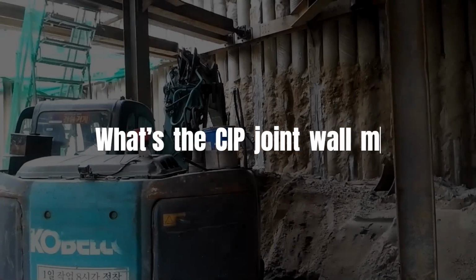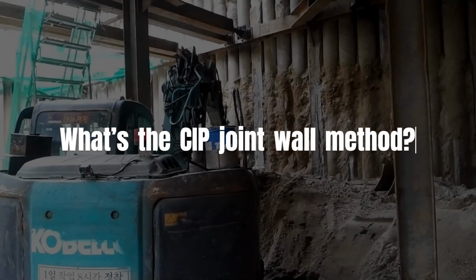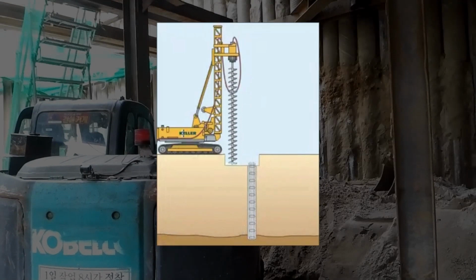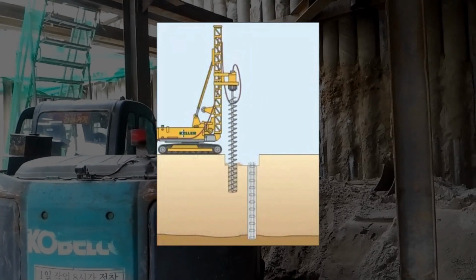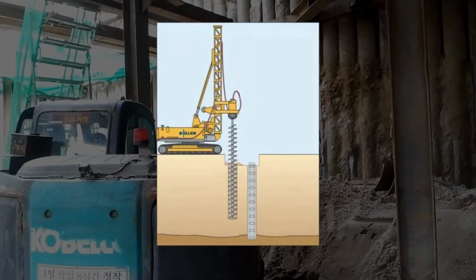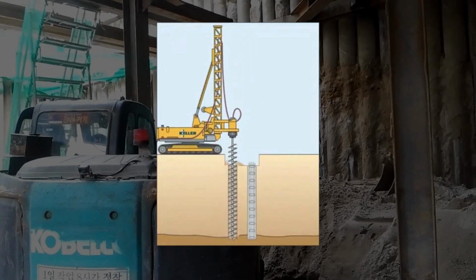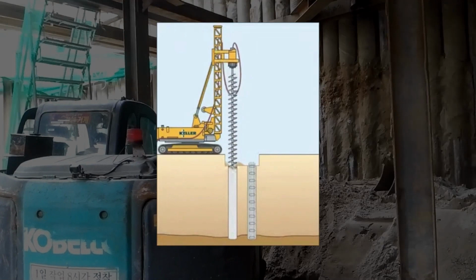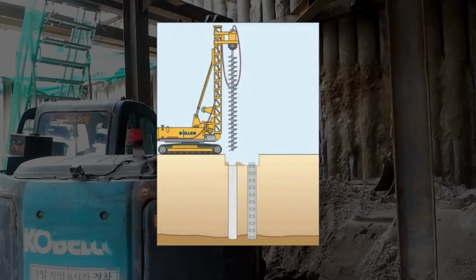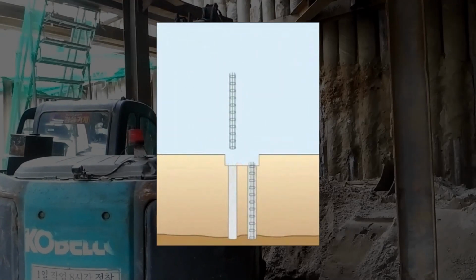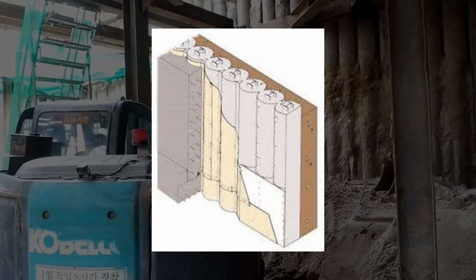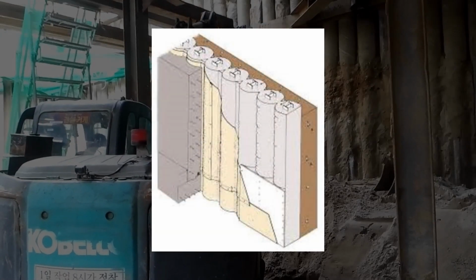So, what's the CIP joint wall method? The CIP joint wall method is a method of drilling with an earth drill and earth auger to a predetermined depth, pouring mortar or concrete into the hole, and then inserting a steel frame or reinforced mesh to create a connected concrete wall and using it as an earth wall.